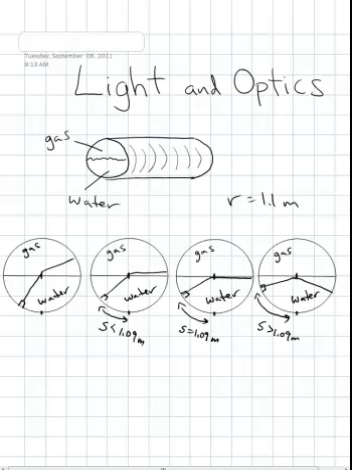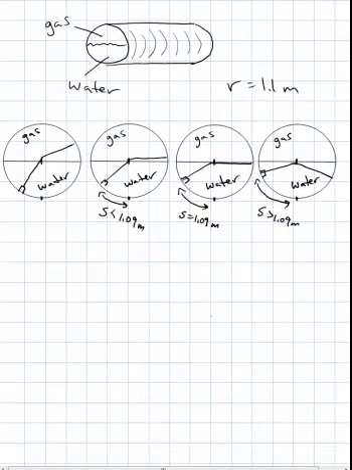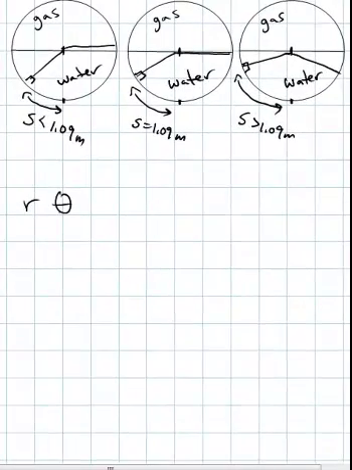In part A, we're looking for the index of refraction of the gas. So let's go ahead and find that. First thing we have to do is realize what they give us is arc length, and we really want angle, right? So we have to go back to our definition of radians and realize that the radius times the angle in radians is equal to the arc length, and that's only if theta is in radians.